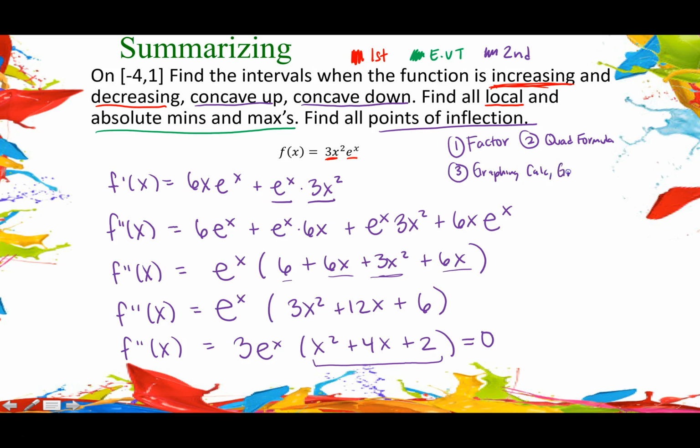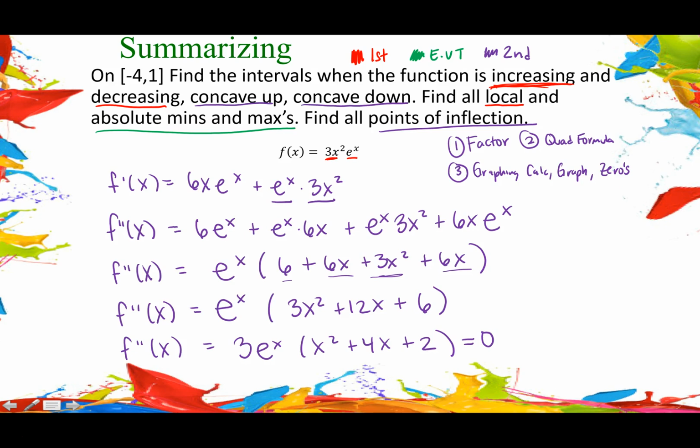You would graph it, and then you would go to second calc and you would click on zeros and find your zeros. Unfortunately, this problem is not factorable, right? You cannot think of anything that adds to 4 and multiplies to 2. So we're either going to have to use our graphing calculator or quadratic formula.